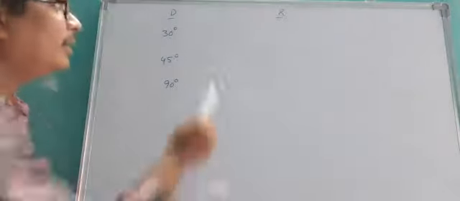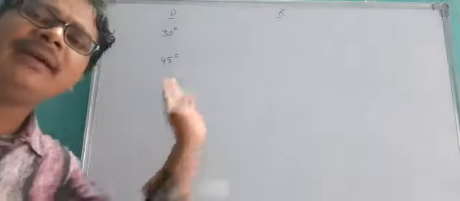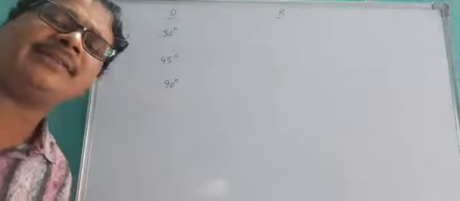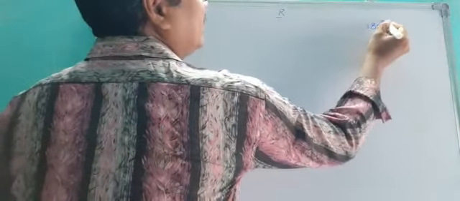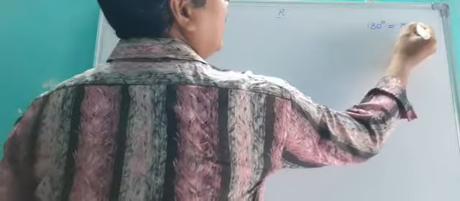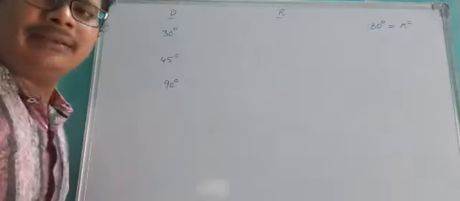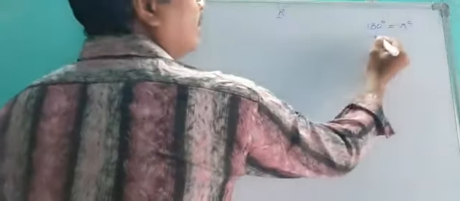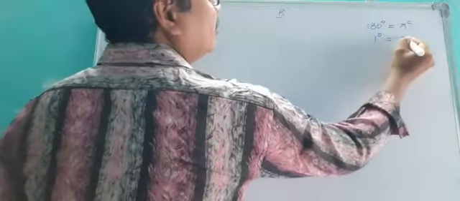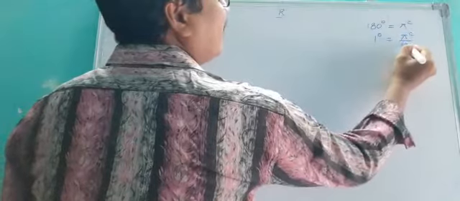Next one, degrees converting into radians. Okay, already you know 180 degrees equal pi radians. So 1 degree equals pi radians by 180.